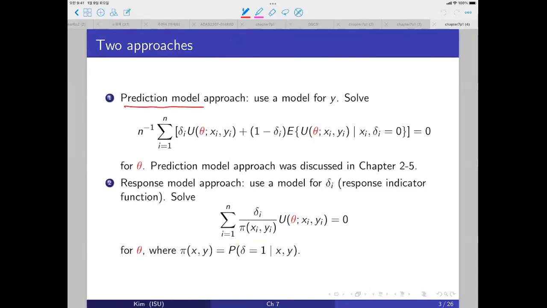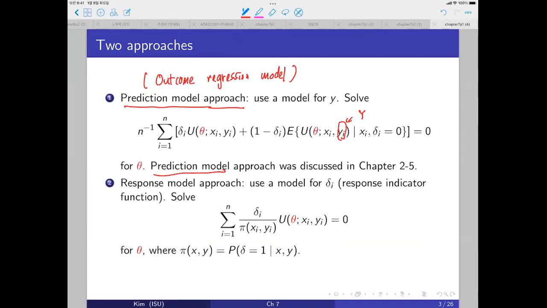One is the prediction model approach, sometimes we call it the outcome model approach, outcome regression model, or outcome model approach.